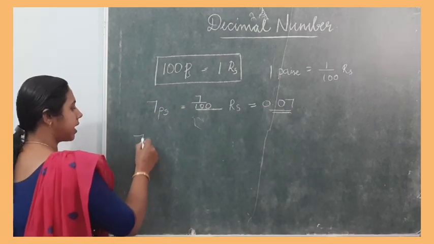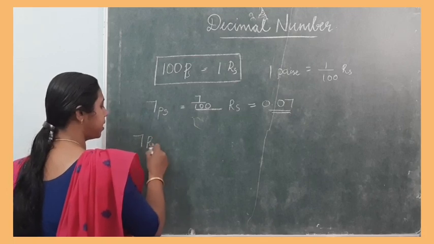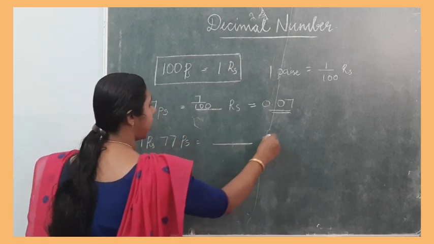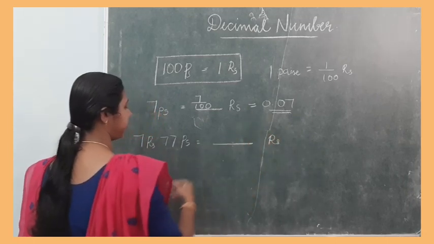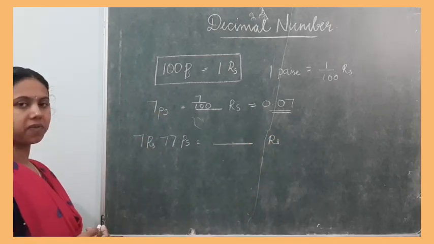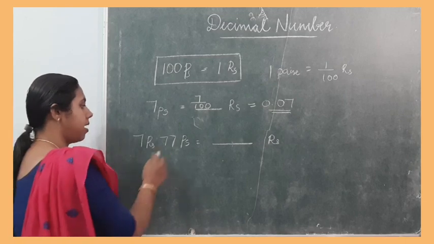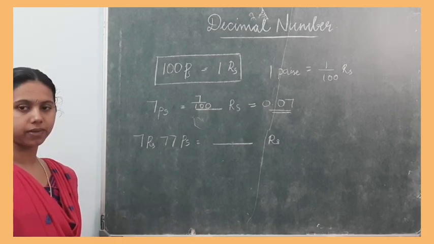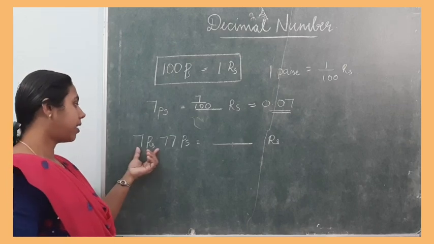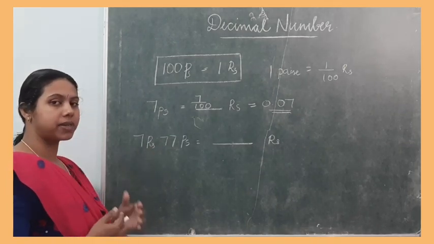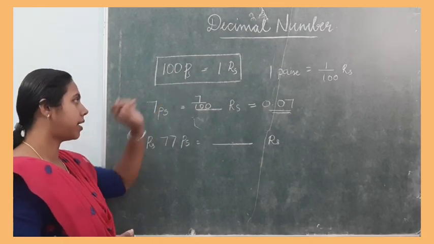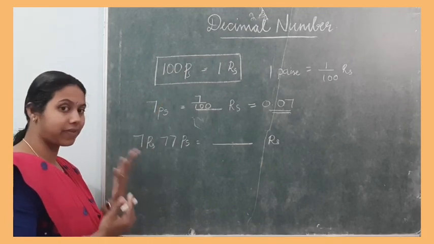Another example, convert 7 rupees 77 paisa equal to dash rupees. 7 rupees is a whole number, so 1 rupee equals 100 paisa, and 7 rupees equals 700 paisa.